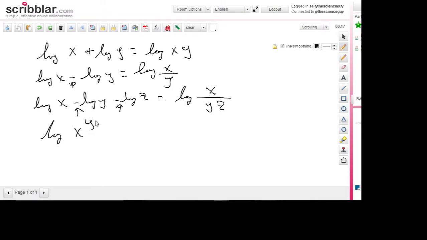I'm sorry, I meant to say x. Right, you're just moving it over. Okay. And then you're also supposed to know that the log of 1 is equal to 0. That's the last one. Cool.